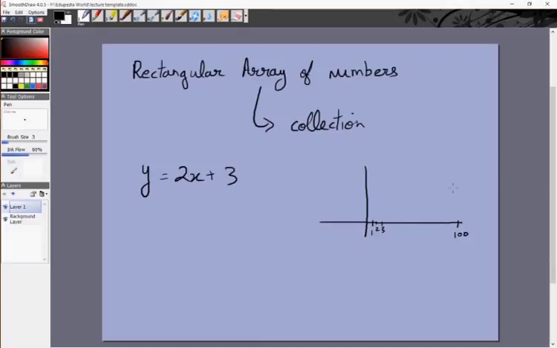It's much easier to do these sorts of computations on a computer using the many different softwares available, and most often the softwares use these arrays or collections of numbers. So in that software, instead of taking 100 values of x and applying this equation 100 different times, I would take an array of x.